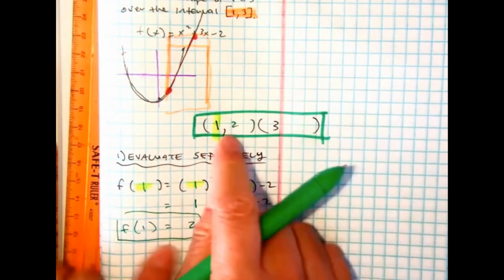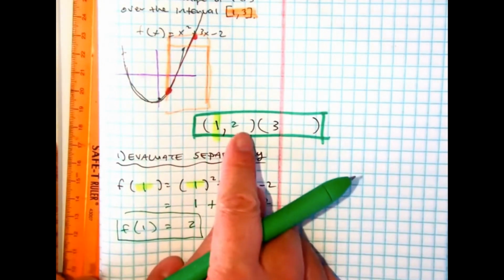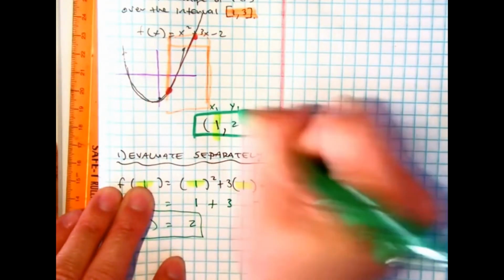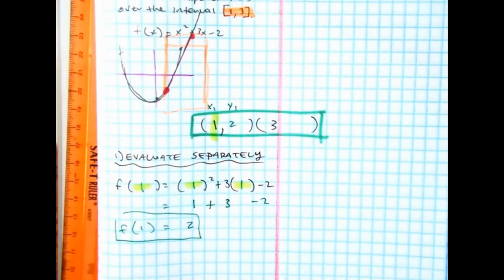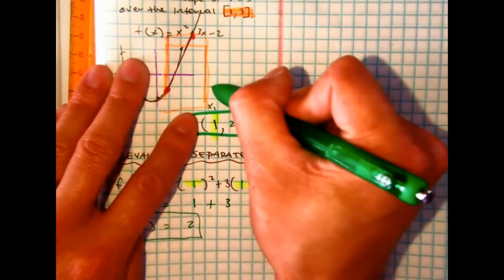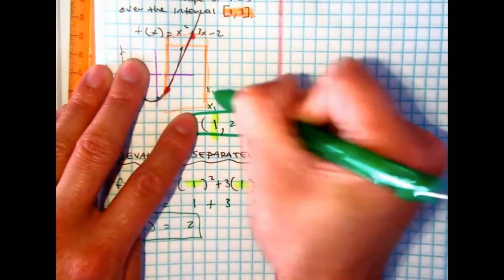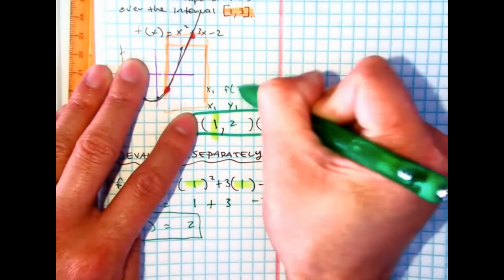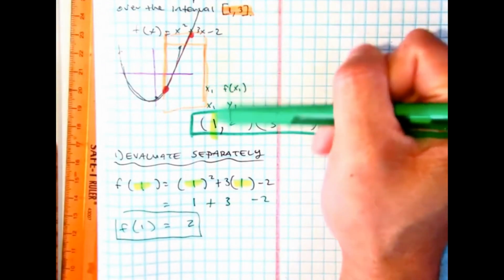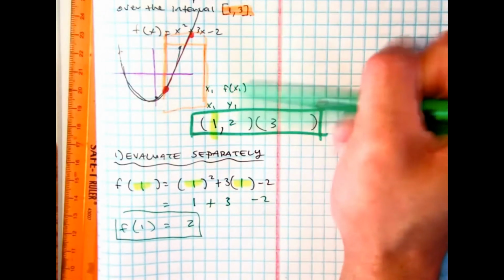The ordered pair is 1, 2. This is my first ordered pair. Now in the other formula that you guys saw to make it more complicated, another way of writing the ordered pair is x1, f of x1. You're just basically putting the 1 into your function, and you get an output.